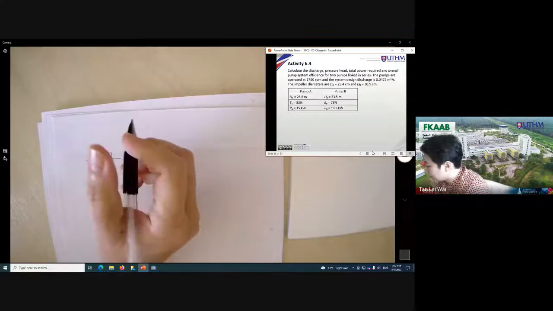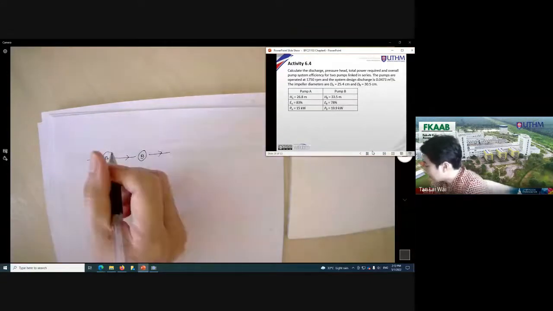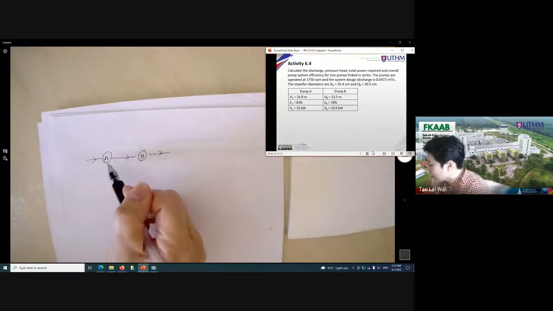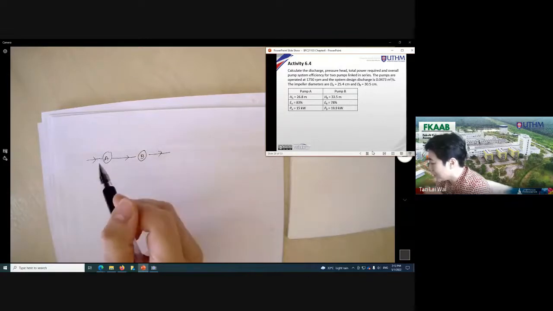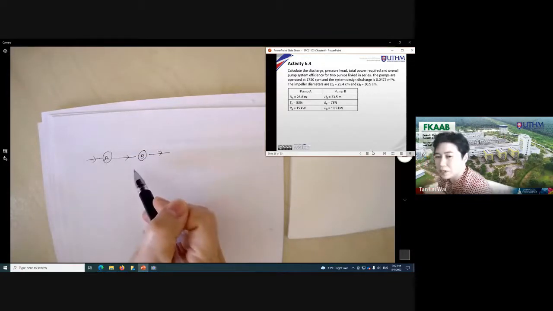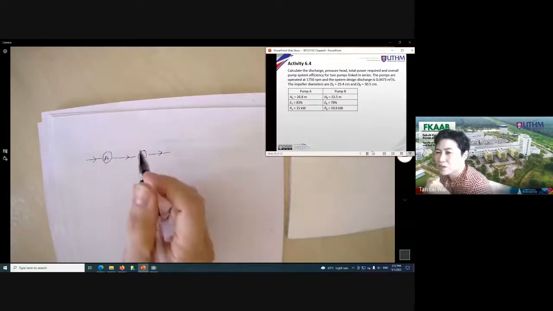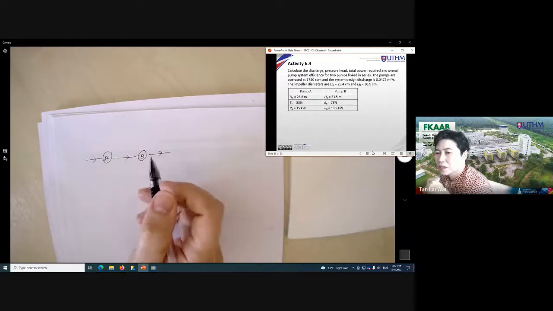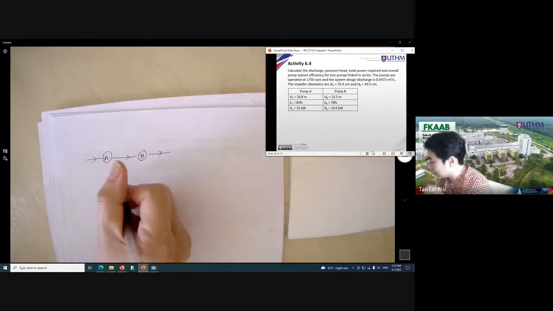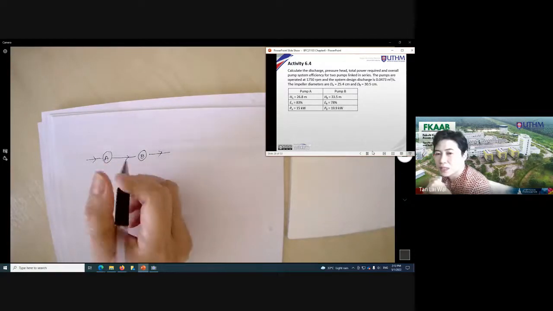In this case, H will be the total, Q will be the same in the system, power will be the total of two pumps. Of course, the efficiency would be this one. You can use the formula.